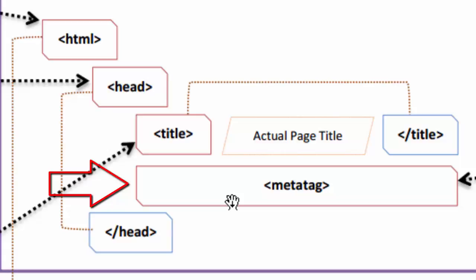A meta tag can also contain the page author information, expiration dates, robot values, etc. After you type in all this information, you close the head container by typing in the closing head tag. One thing you have to remember is that this information is never going to be displayed on your web page. In other words, the document head is a part of your HTML document that communicates with a web browser.